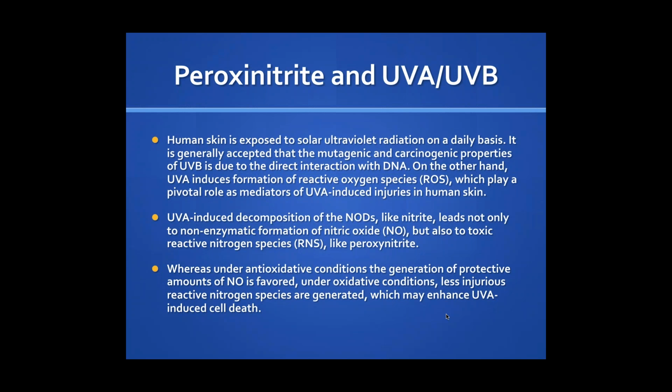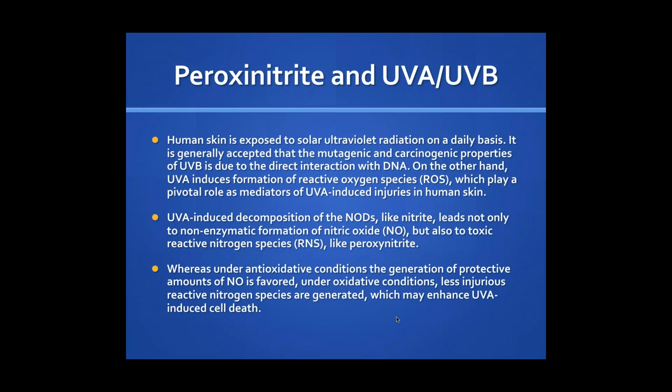UVA-induced decomposition of nitric oxide species, like nitrite, leads not only to non-enzymatic formation of nitric oxide, but also toxic reactive nitrogen species like peroxynitrite. Whereas under anti-oxidative conditions, the generation of protective amounts of nitric oxide is favored. Under oxidative conditions, less protective reactive nitrogen oxide species are generated, which may enhance UVA-induced cell death.